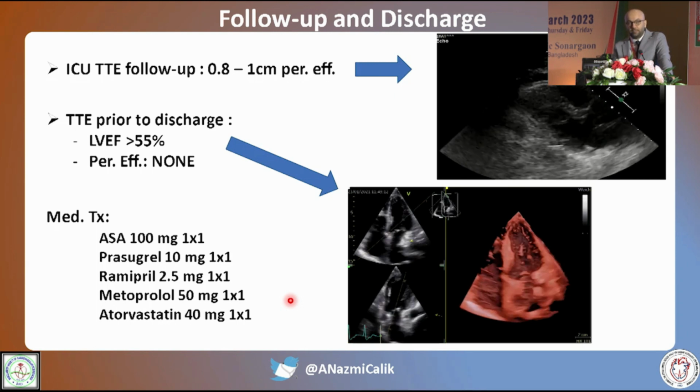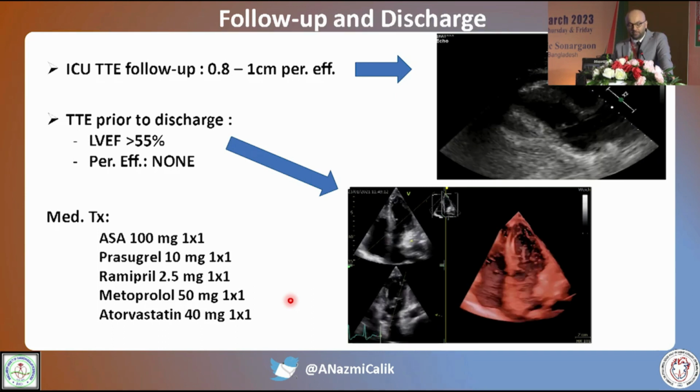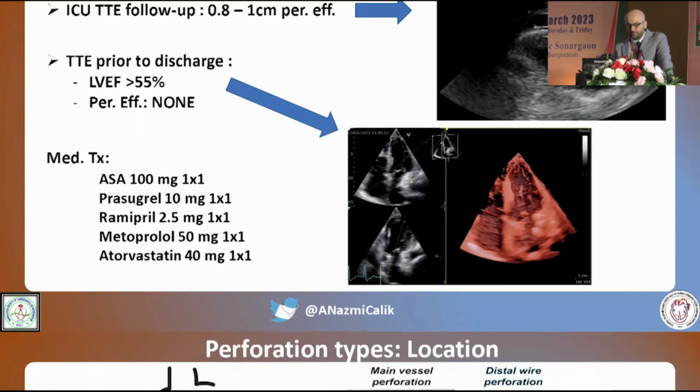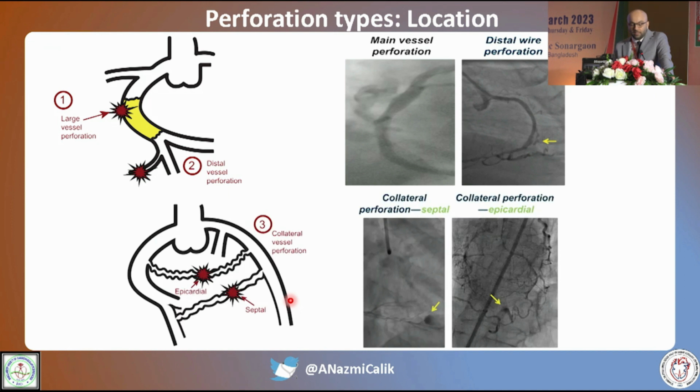The medical therapy before discharge included aspirin, prasugrel, ramipril, metoprolol, and atorvastatin. Coronary perforations can be classified by their location. As in our case, they can be large proximal or smaller distal perforations.